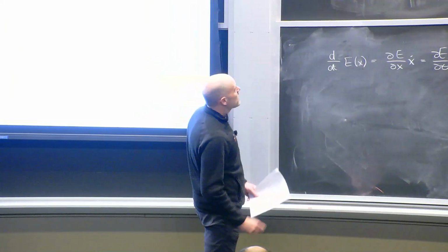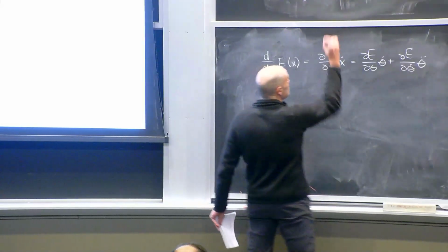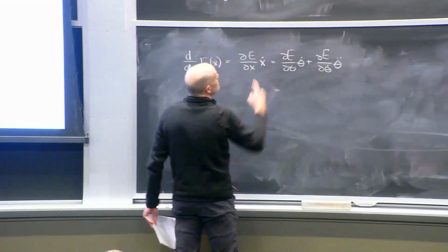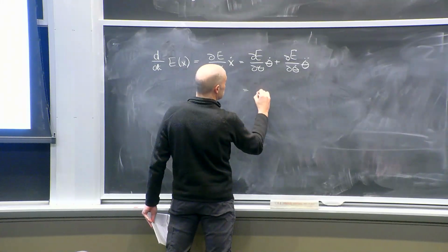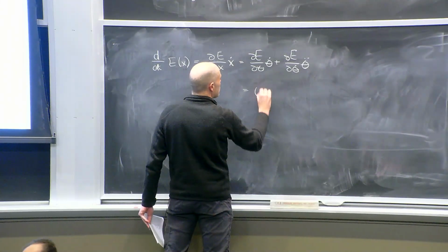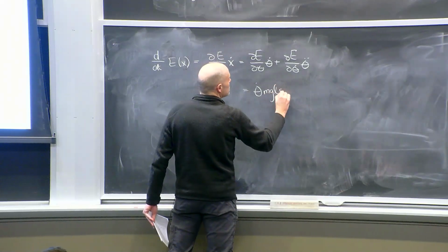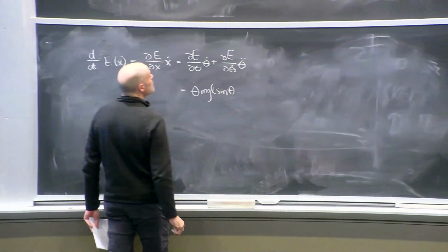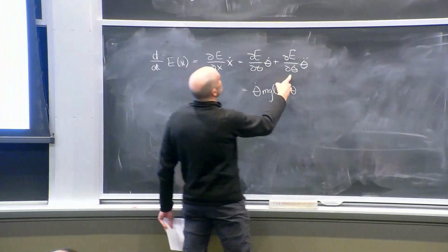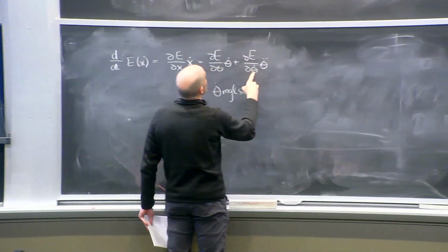It looks like this. Okay? I can take the energy and just take the gradient with respect to theta. That gives me what? Theta dot times mgl sine theta. Okay? That's this term. And then this one gives me the derivative with respect to theta dot.